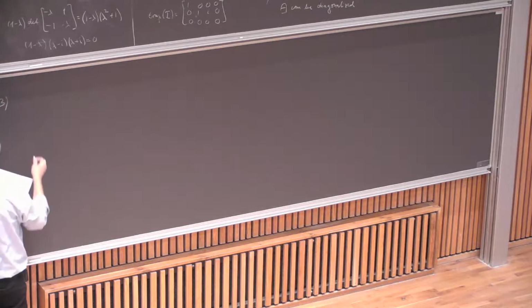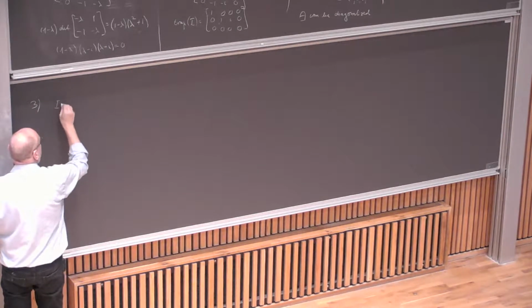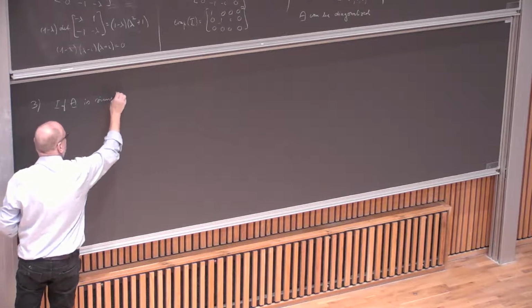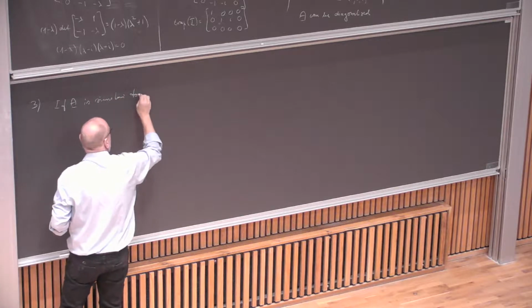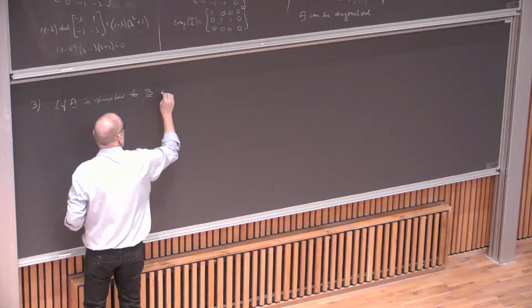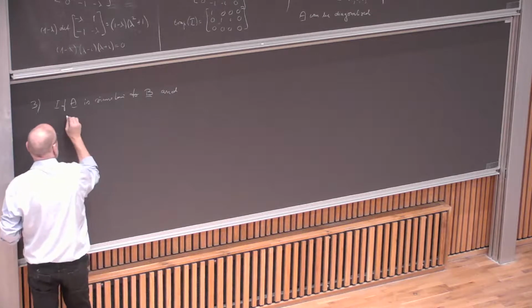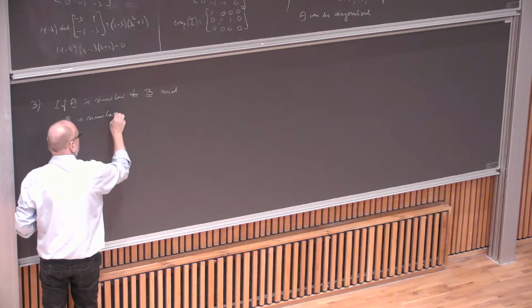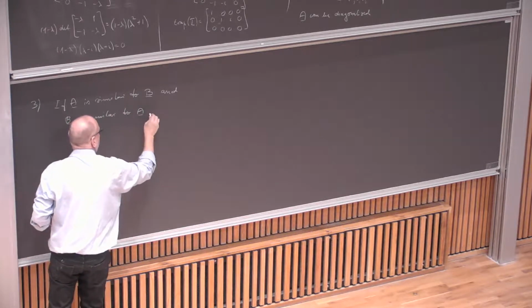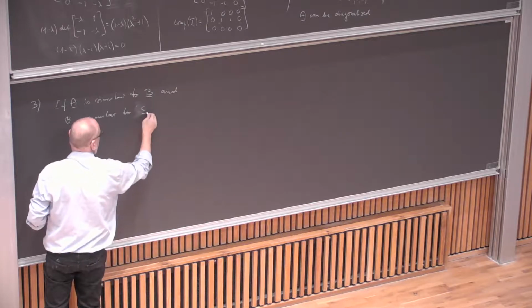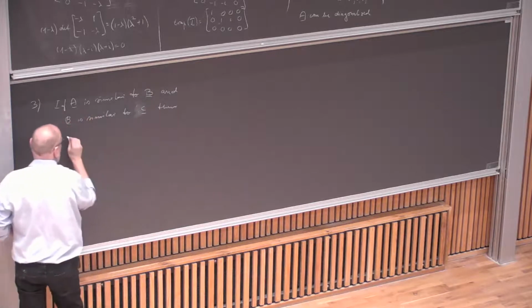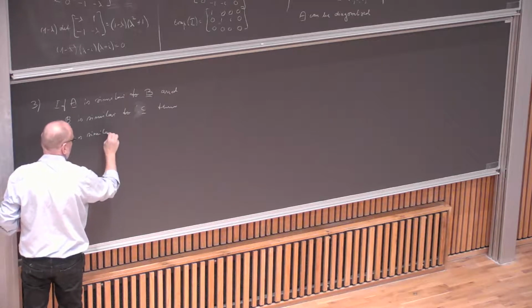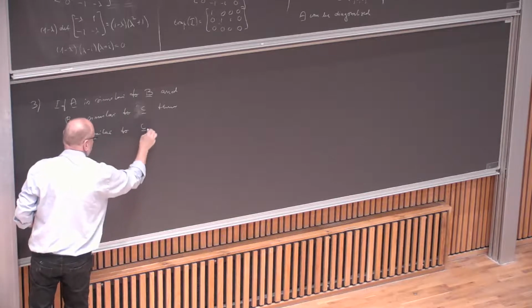If A is similar to B and B is similar to C, then A is similar to C.